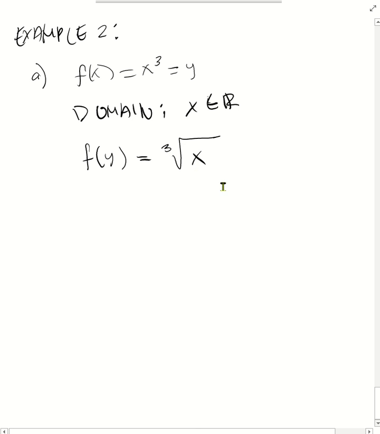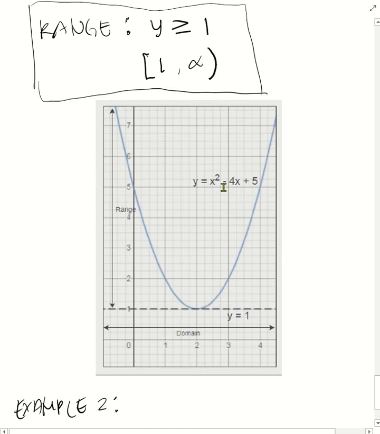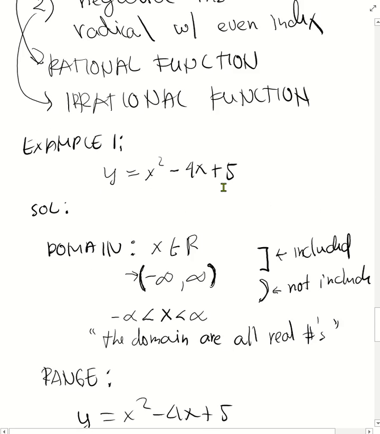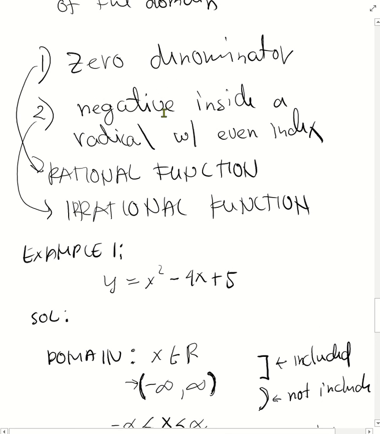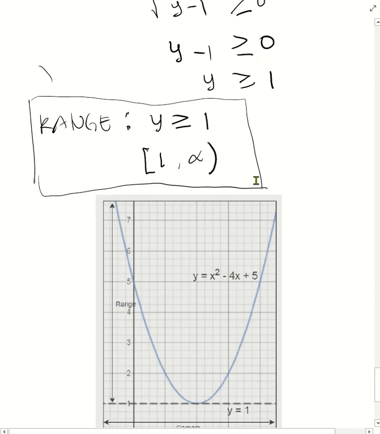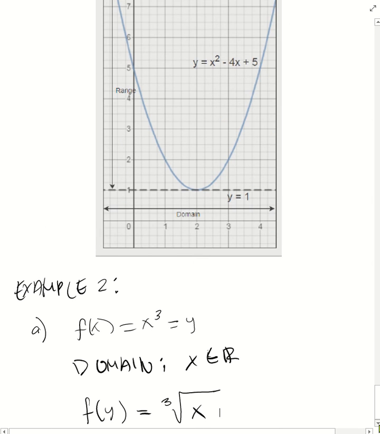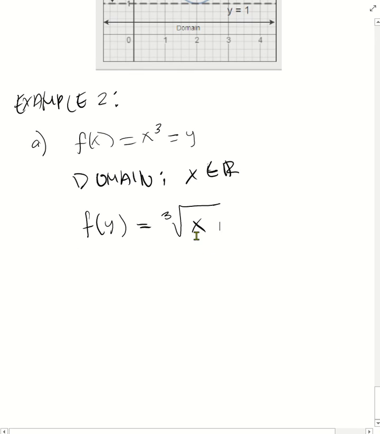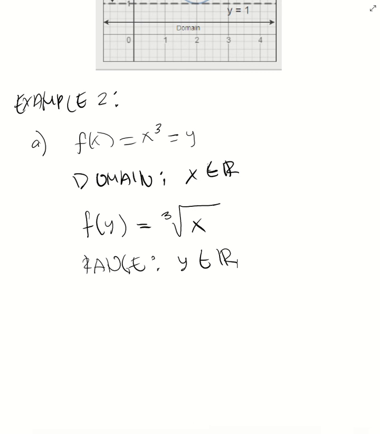So it's an odd index. Remember our condition in the domain: a negative inside a radical with even index. So this means that this is not a restriction. So what are the possible values? It can be any real number. So the range here will be y, all real numbers.